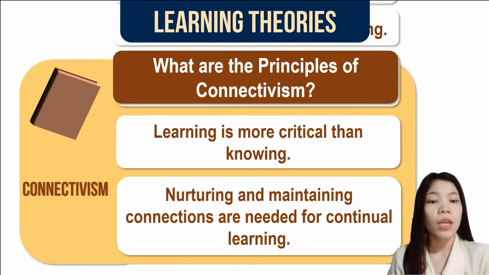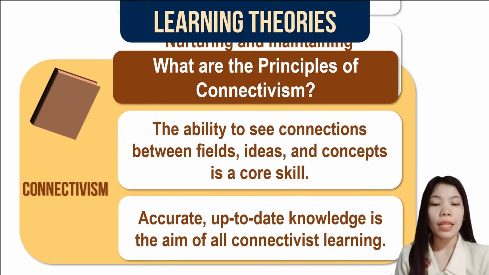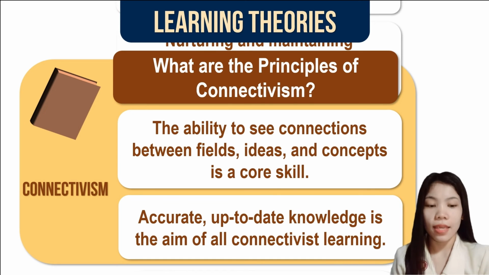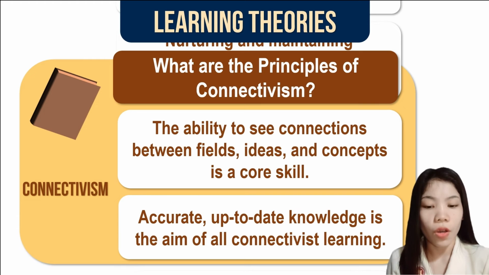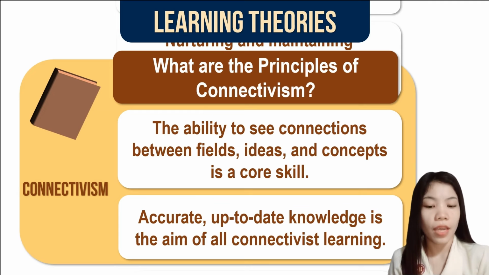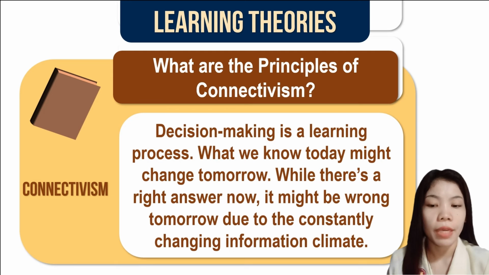Number 5, nurturing and maintaining connections are needed for continual learning. Number 6, the ability to see connections between fields, ideas, and concepts is a core skill. Number 7, accurate, up-to-date knowledge is the aim of all connectivist learning. And last is, decision-making is a learning process.